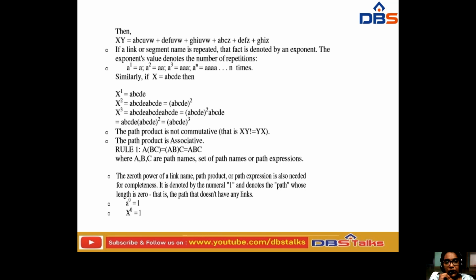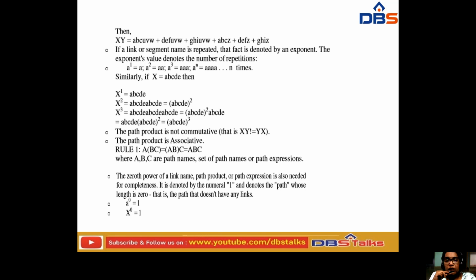Suppose a link or path name is repeated, that fact is denoted by the exponent. The exponent value denotes the number of repetitions here. That is, a to the power 1 is equal to a, a squared is equal to aa, a cubed is equal to aaa, and a to the power n is equal to a repeated n times.